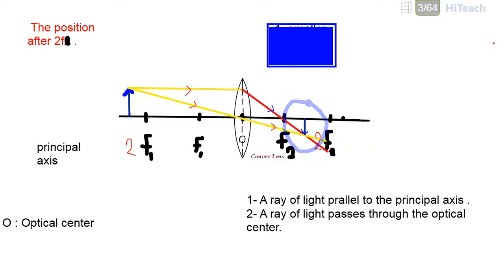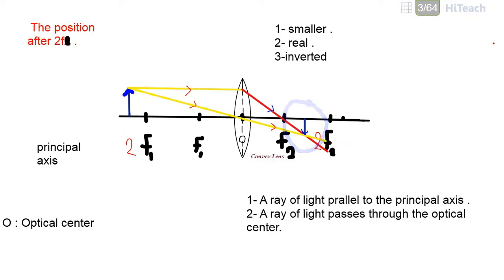Also, if you measure the length of the object and the length of the image, you will see it's smaller. So the properties of the image formed when you put the object beyond 2F1 are: smaller, real, and inverted.